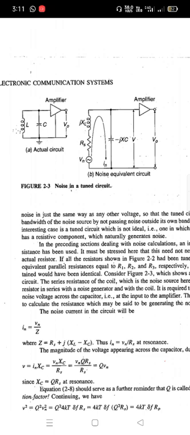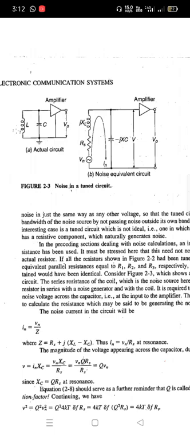Here Rs is the internal resistance of the inductor, and Vn is the noise voltage. Then we have included the j term because we have to convert this L and C into impedance. So these two diagrams are very important.